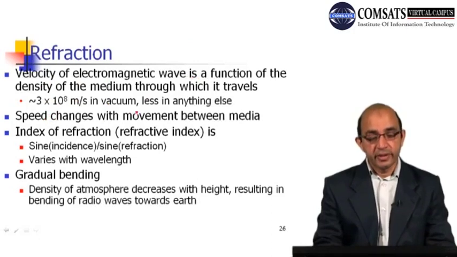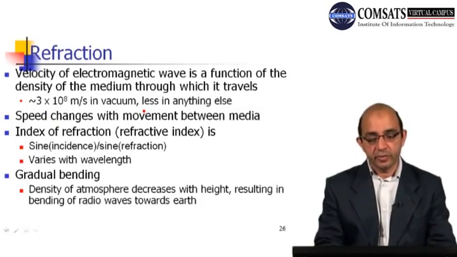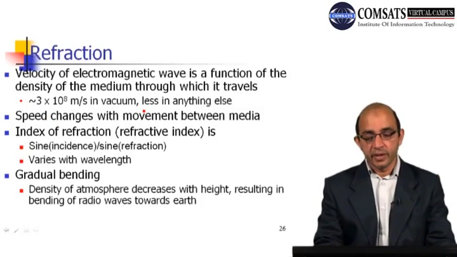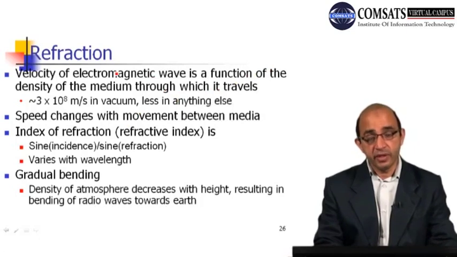So as a result, when any electromagnetic wave or light, which is also a kind of electromagnetic radiation, enters from one medium to another medium, the density of one medium is different compared to the density of the other medium where the wave is entering, so it bends from its original path, and speed is also varied, right?